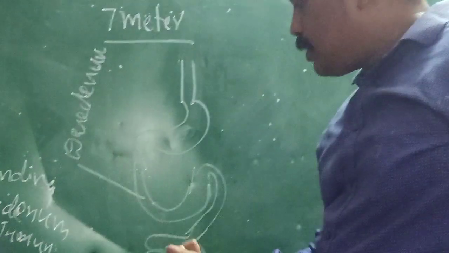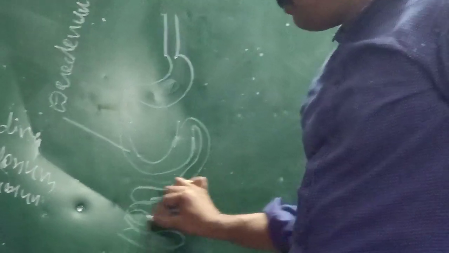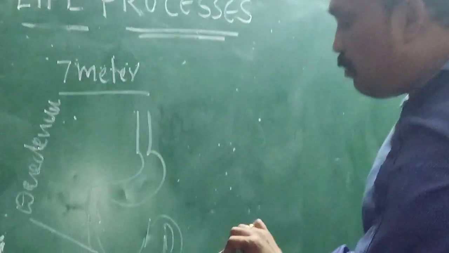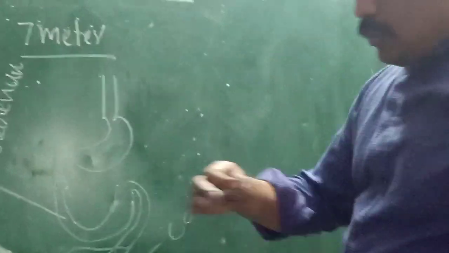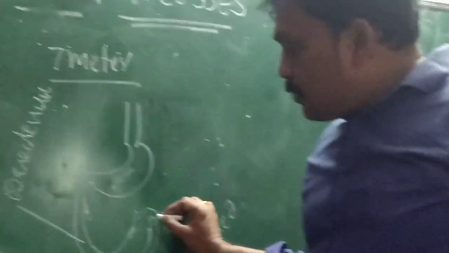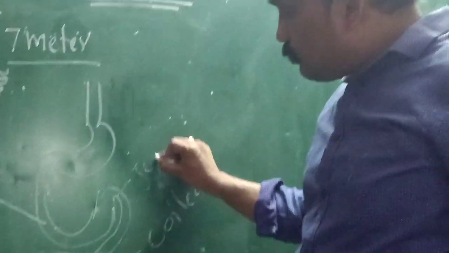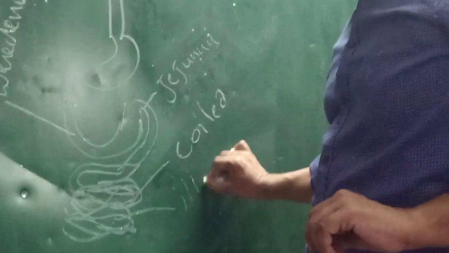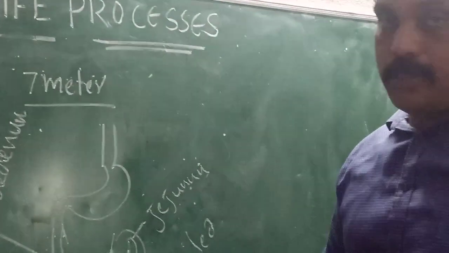There are three parts in the small intestine. The small intestine is coiled, which means it has a lot of foldings. The first part is the duodenum, the second part is the jejunum, the third part is the ileum. So the small intestine is divided into three parts.